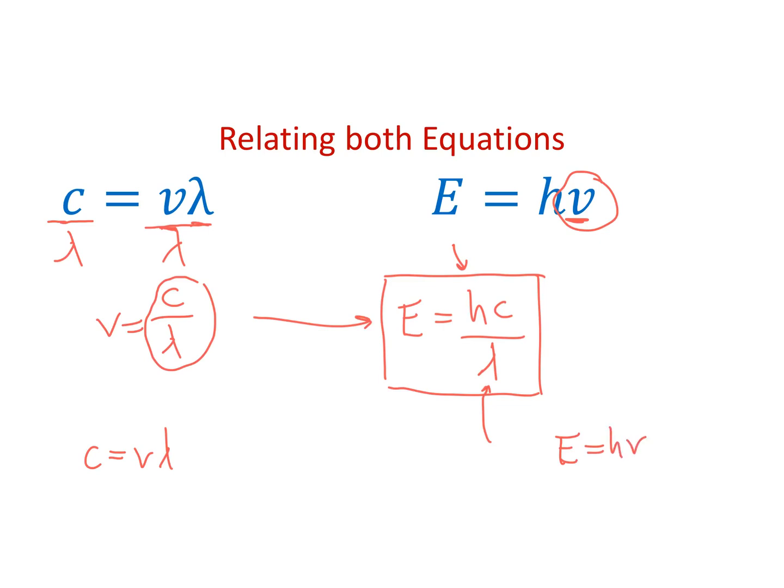I've already pointed out that frequency and wavelength are inversely related. So as my wavelength increases, my frequency decreases because the product of those two needs to remain constant, needs to equal the speed of light. So that's an inverse relationship between frequency and wavelength.